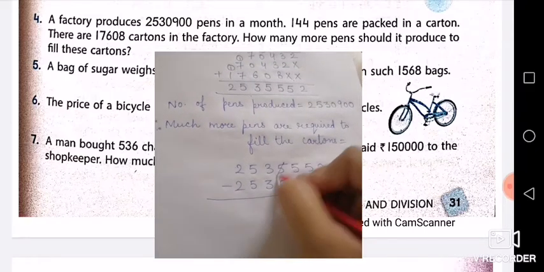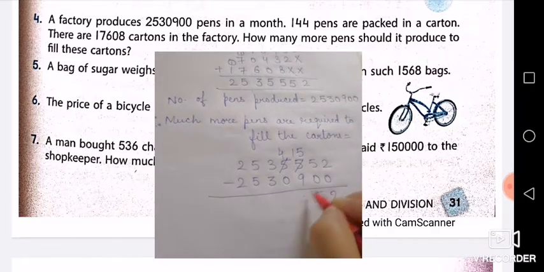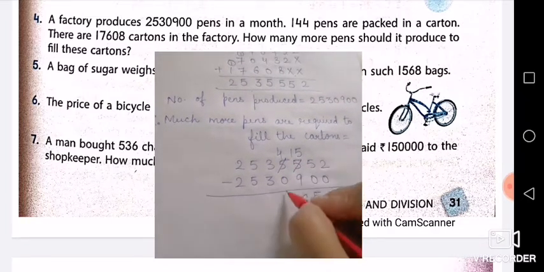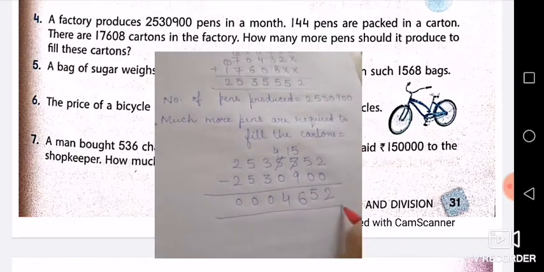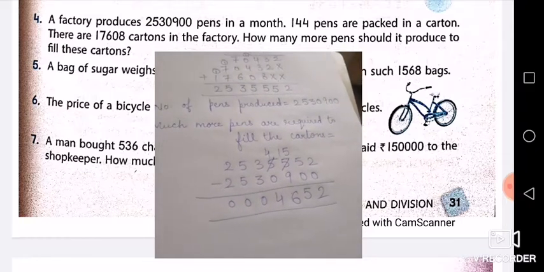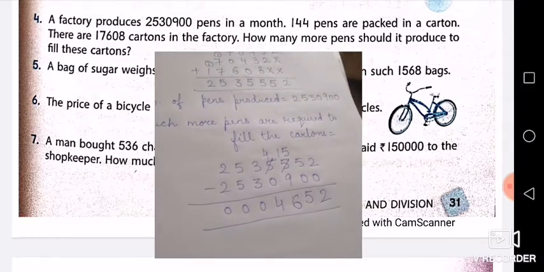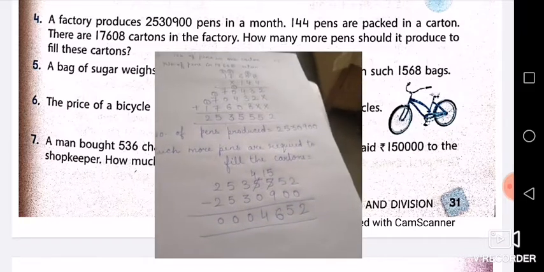Now here 4 will be there, this will be 15. 15 minus 9 is 6, 4, 0, 0, 0. So how many pens are required? 4652. Fine. We'll revise this question once.